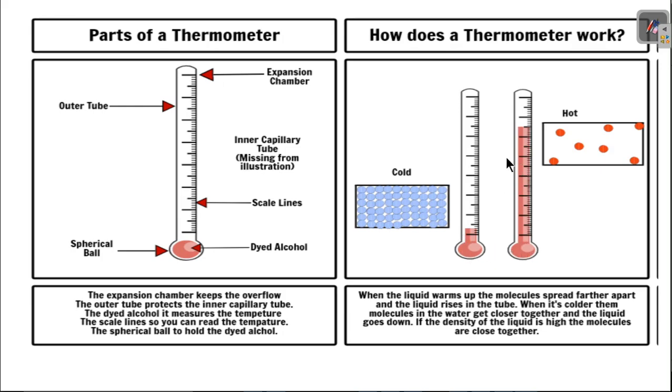So when you are reading the temperature, what you are actually reading is the displacement of the substance because of heat. So the temperature is just a visual that helps you visualize the amount of energy that is present in a way.